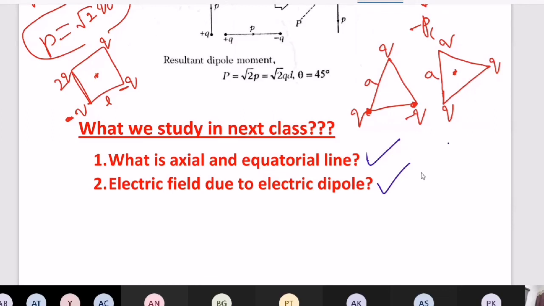That is very important, because that question is very important for the 5 marks question in the board examination, whether CBSE or state, but ours is the state syllabus. So this is the first important question. Many times they ask it as a 5 marks question. So we will study that in the coming class: what the axial and equatorial lines are, and what the electric field due to an electric dipole at any point on the axial or equatorial line is.